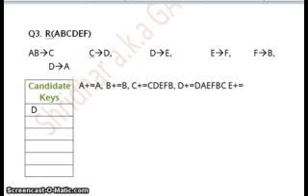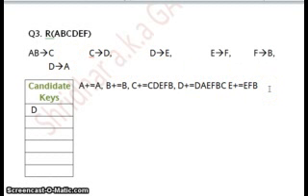E closure would be E, right? F from this, B from this, and EFB. Is there anything I can find other than EFB? No, I don't think so.